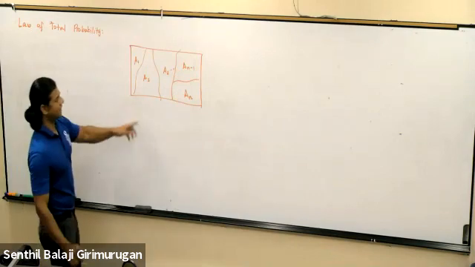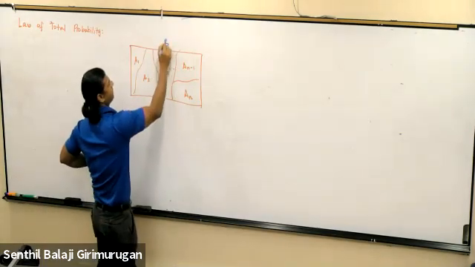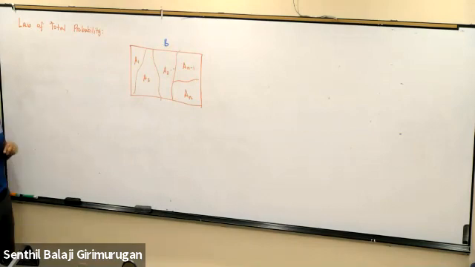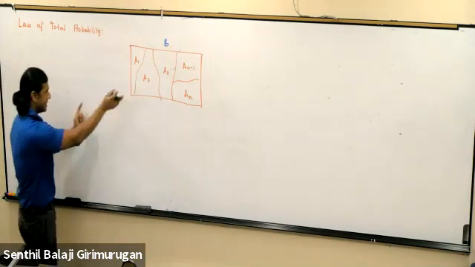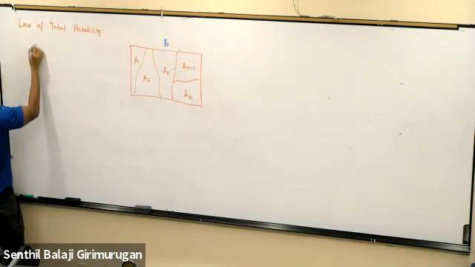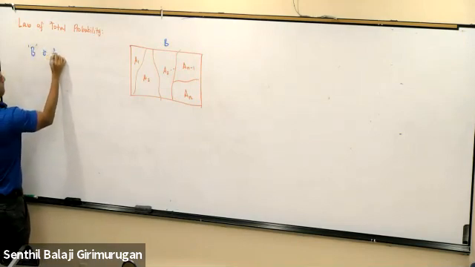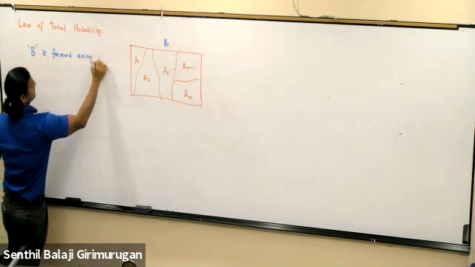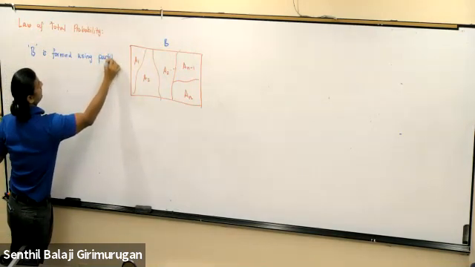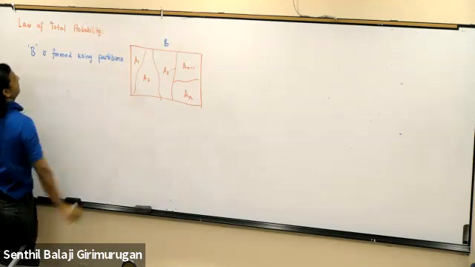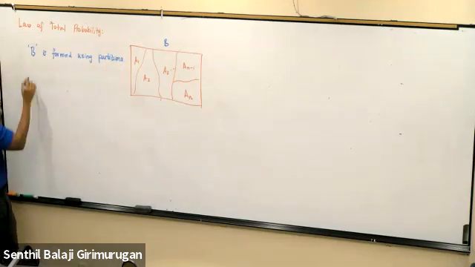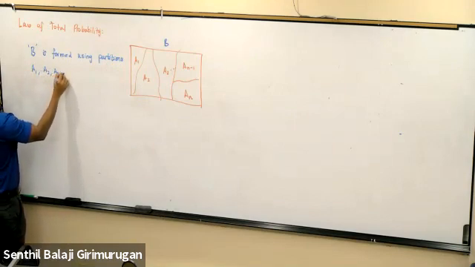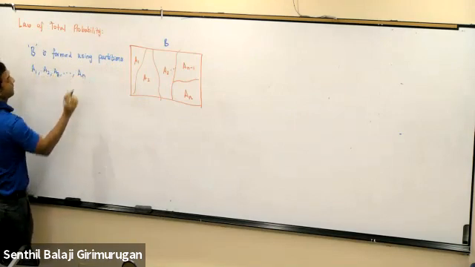So this is a case where we'll call that B. The set B is a rectangle, and B is formed using partitions A1, A2, A3, all the way up to AN.